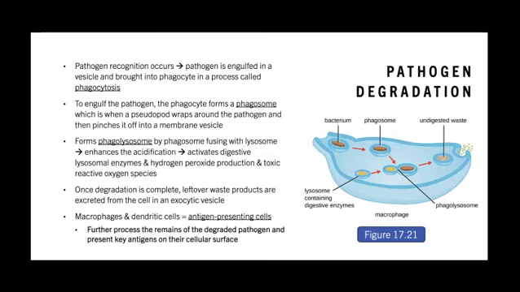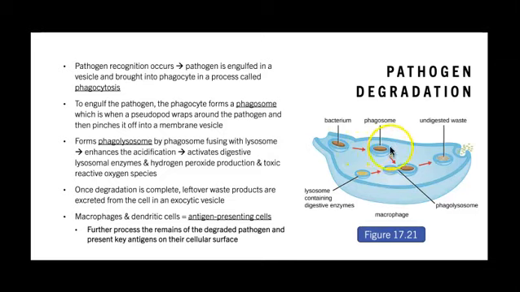Now let's talk about pathogen degradation, essentially what the process of phagocytosis is. First we needed to recognize that pathogen, and the pathogen becomes engulfed in a vesicle here. This starts the process of phagocytosis.